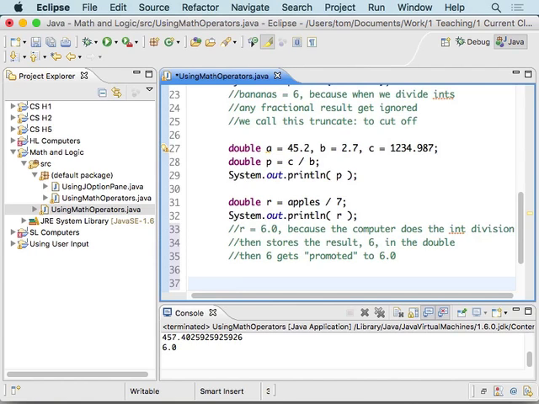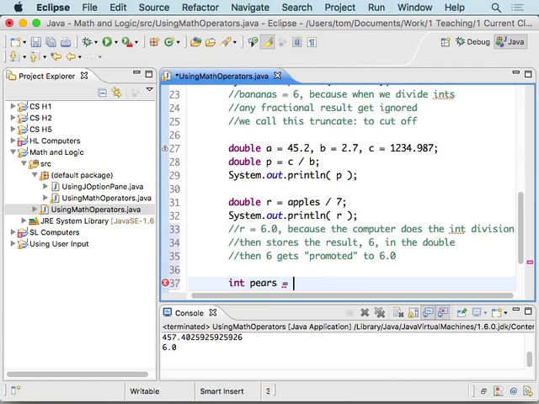All right, so let's talk about some other things here. Let's talk about order of operations. Let's go back to some fruit here, so int pairs equals, and let's say 3 times the number of apples minus 5.